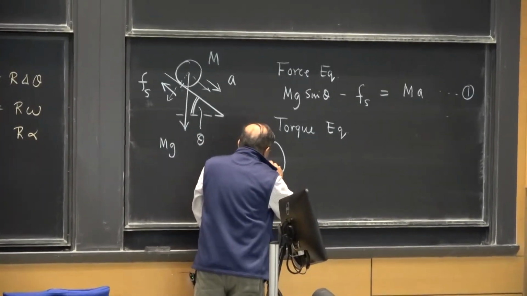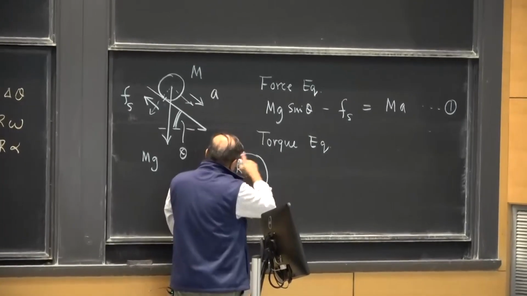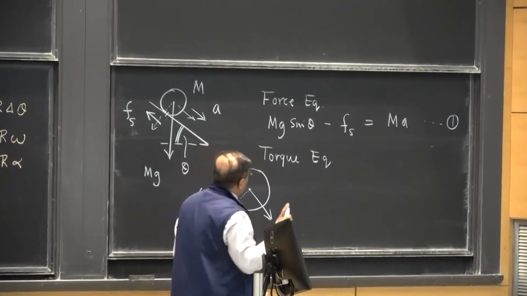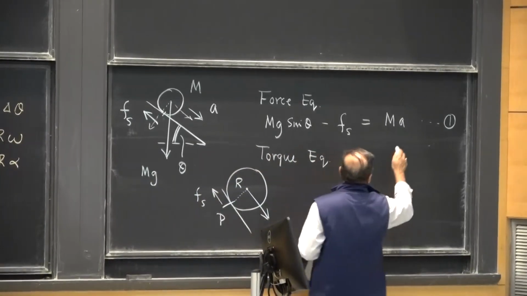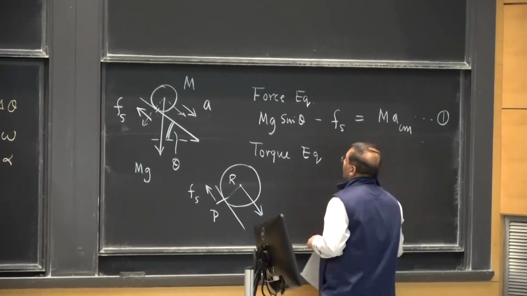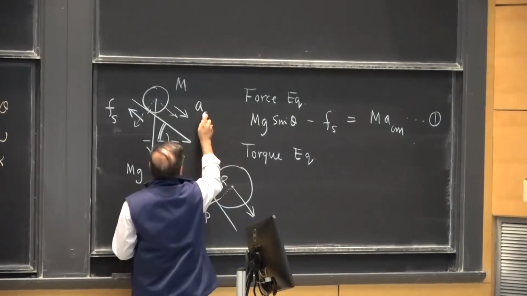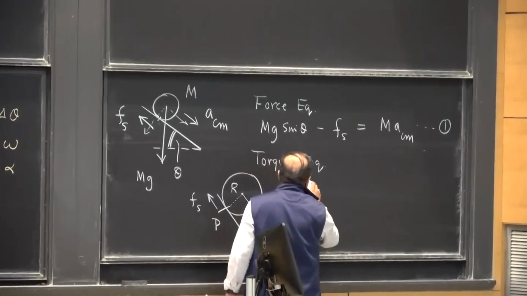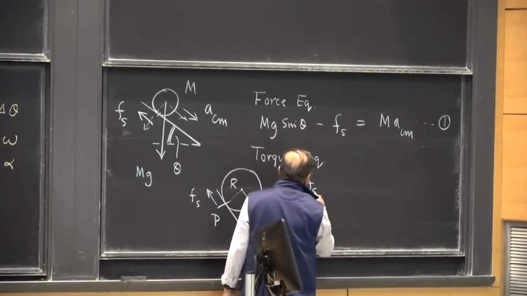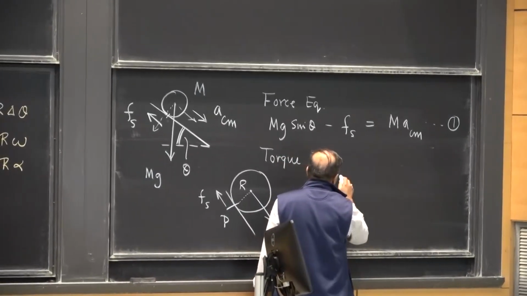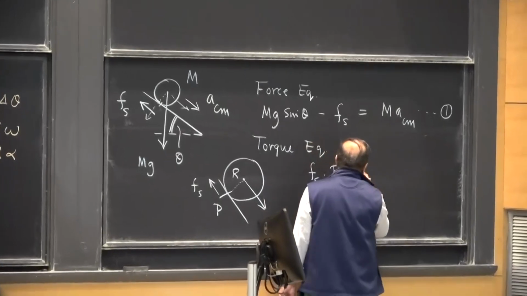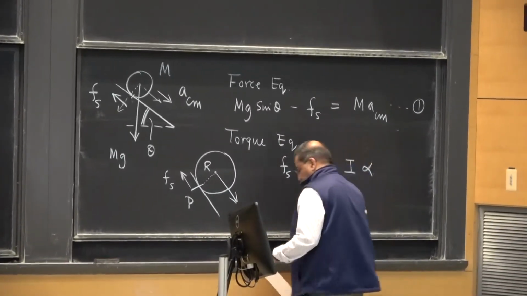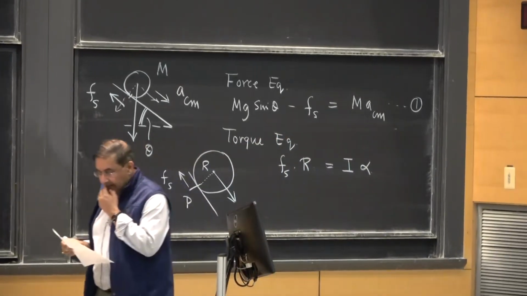So as far as the center of mass velocity is concerned, this is really the center of mass velocity, or center of mass acceleration, whatever we call it. So we have to be very careful. Then we should be able to write that this Fs, the static friction force, times r should be equal to moment of inertia I times alpha.